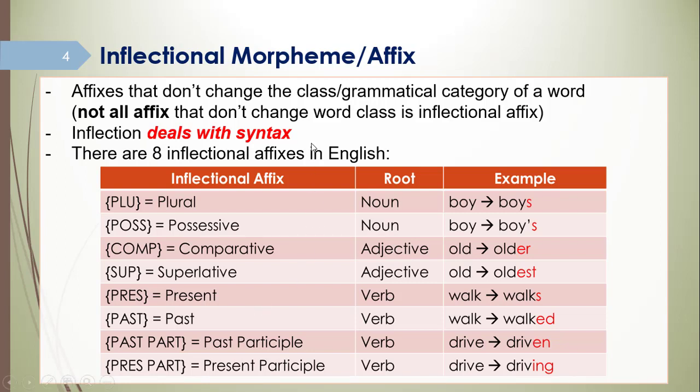Jangan hanya mengandalkan ciri-ciri bahwa affix yang tidak merubah word class itu adalah inflectional affix, karena tidak semua affix yang tidak merubah word class bisa dikategorikan sebagai inflectional affix. Ini tolong diingat-ingat: plural, past, comparative, superlative, past participle, and present participle. Why do you have to memorize this? We're going to find it out after this.